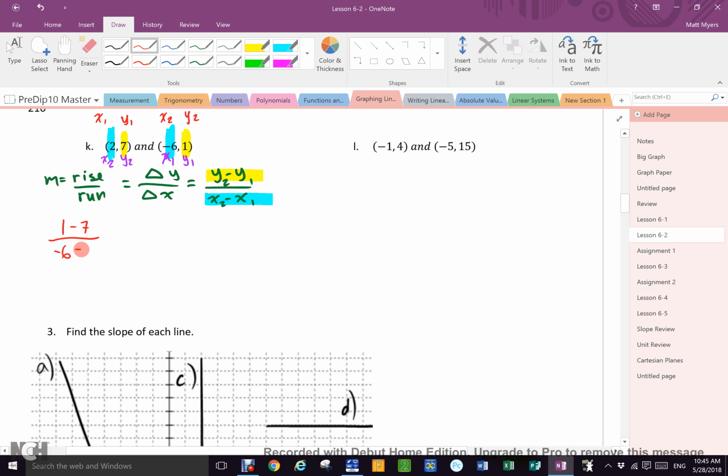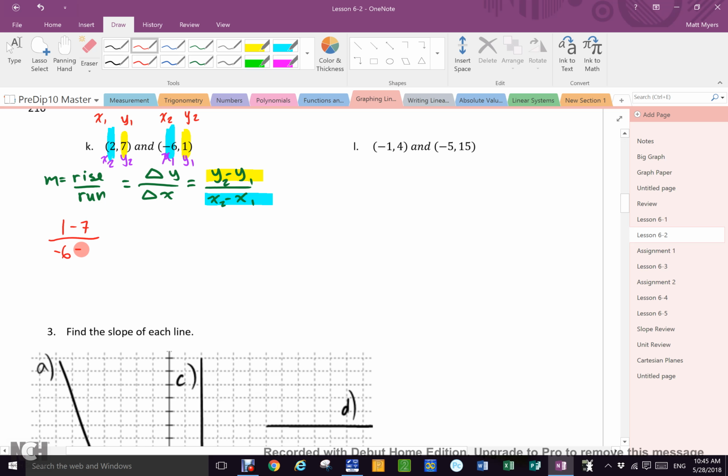What is 1 minus 7? -6. What is -6 minus 2? -8. Two negatives make what? 6/8. And 6/8, we would never write that. What would we write? 3/4. If I'm working purple, what's 7 minus 1? 6.